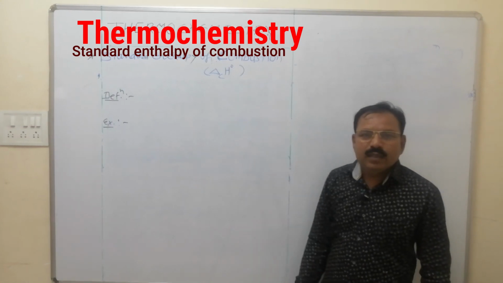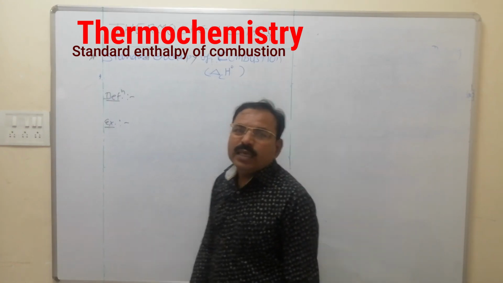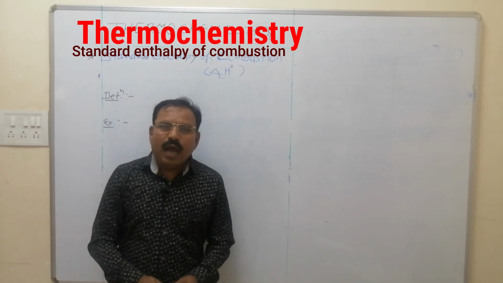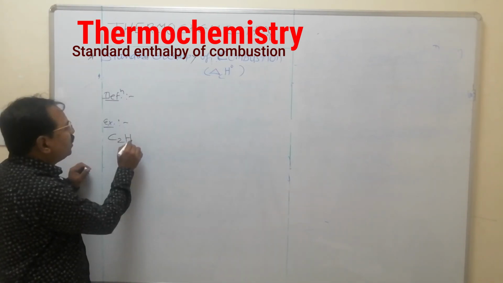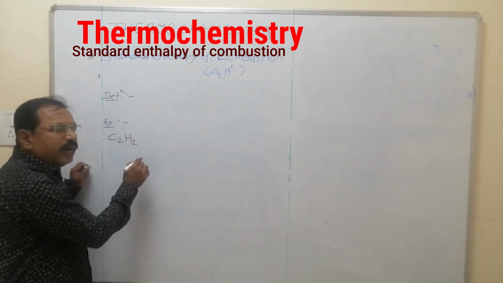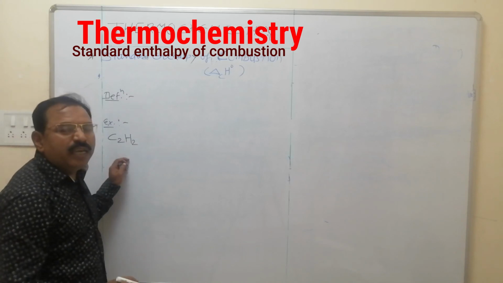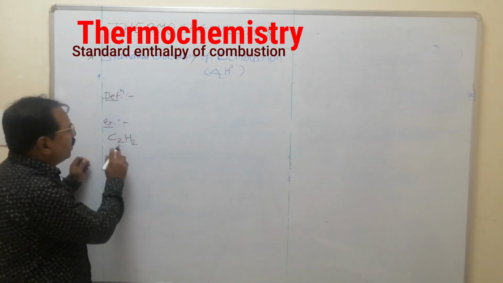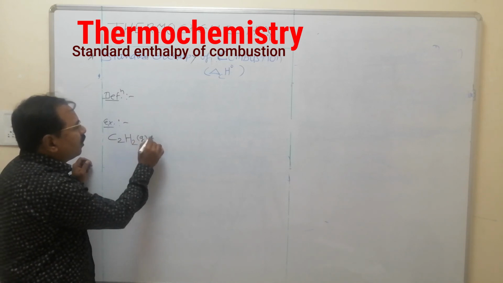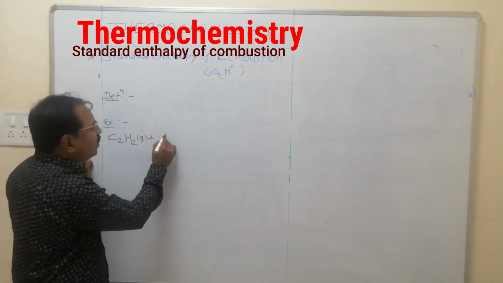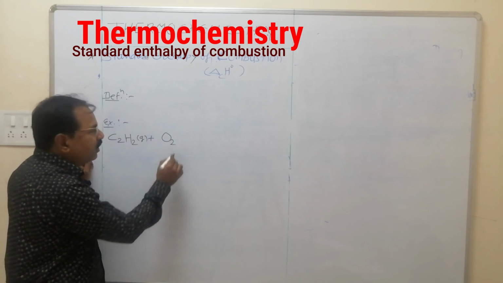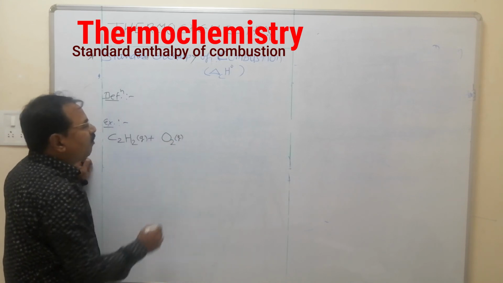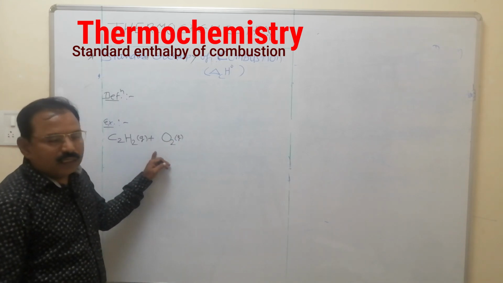The example: combustion reaction of acetylene having formula C2H2 and its IUPAC name is ethyne. The combustion of this acetylene gas, that means reaction with oxygen, or it is completely oxidized. The physical state of oxygen is also gas.